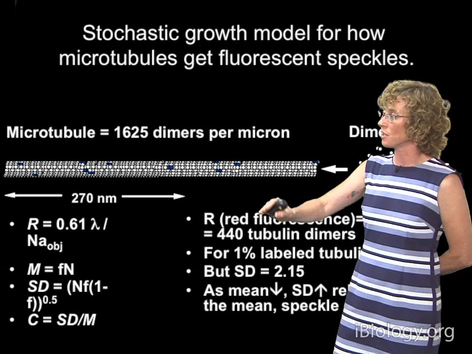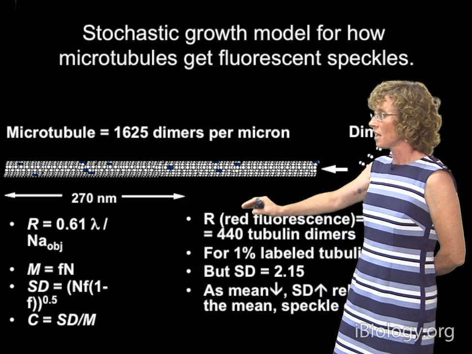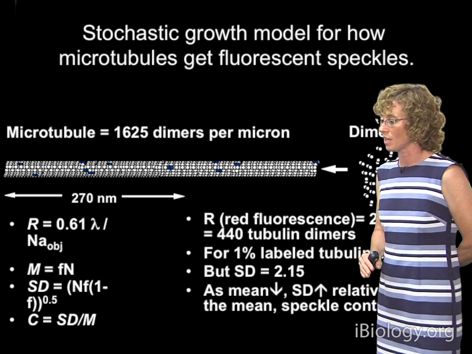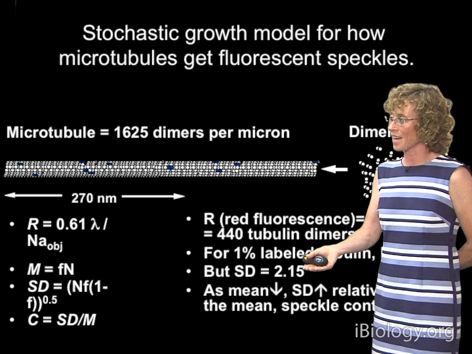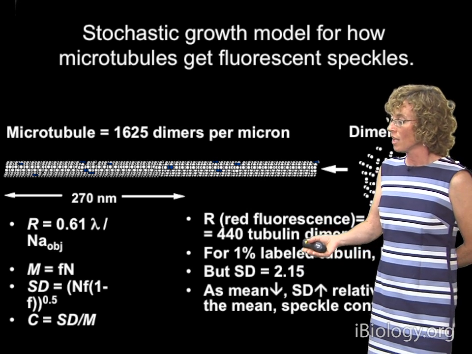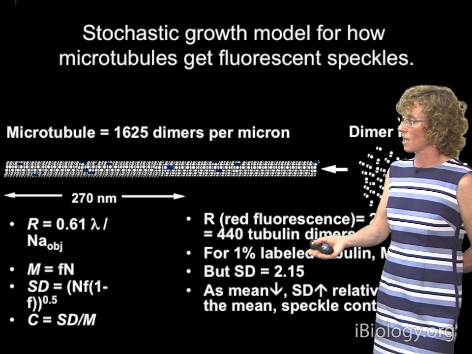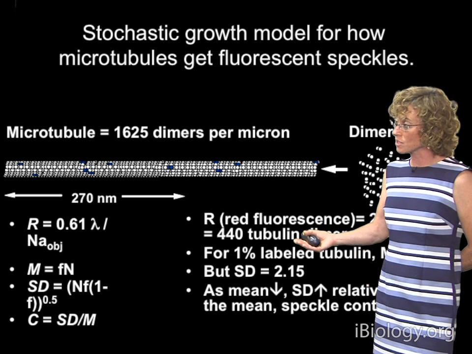So you might expect that you get a microtubule that's just as bright continuously along its length, with 4 fluorescent dimers per 270 nanometers. But when the fraction of fluorescent dimers is very low, the chances of getting a fluorescent dimer are very low, and more likely it's going to be an unfluorescent dimer. So the standard deviation around that mean is very high relative to the mean.